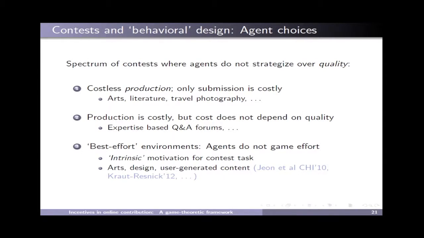So clearly there's a whole bunch of settings where users do reason strategically about whether it's worth their while to participate or not in a system. But what they do when they enter that system, what they contribute in the contest, is not something they game once they decide they're going to participate in the contest. And more broadly, we think of this as simple agents.